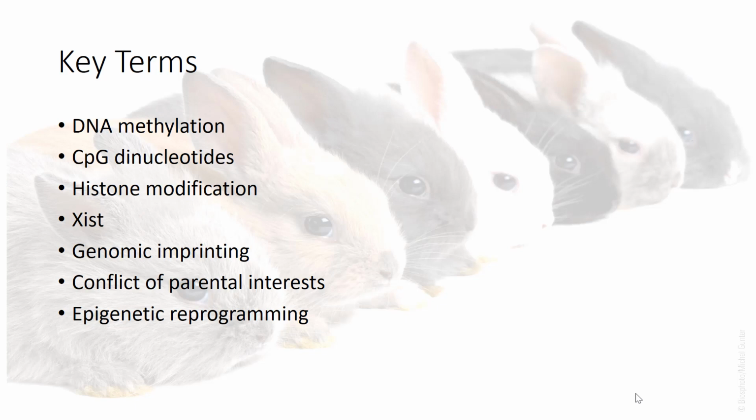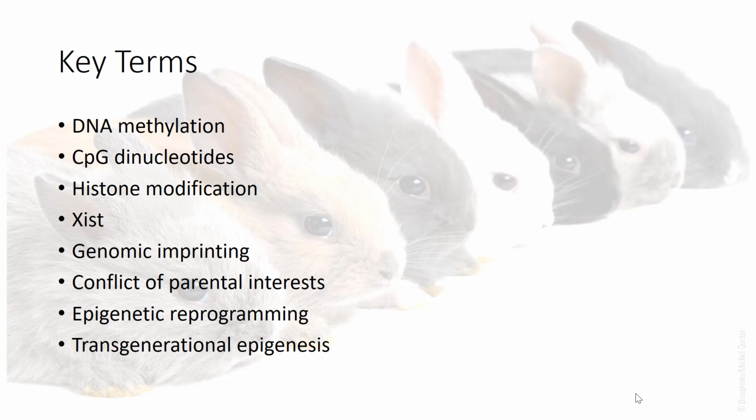But when you go through meiosis, you need to start that over, because you need to produce a zygote that is pluripotent, and that can then produce other cells that are also pluripotent and can then differentiate in the fetus. And so that's what epigenetic reprogramming is.